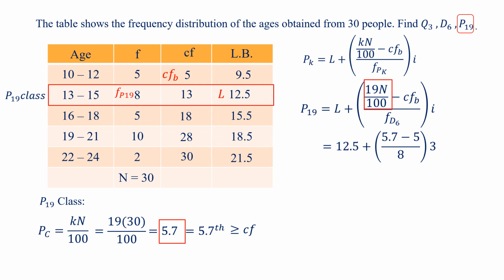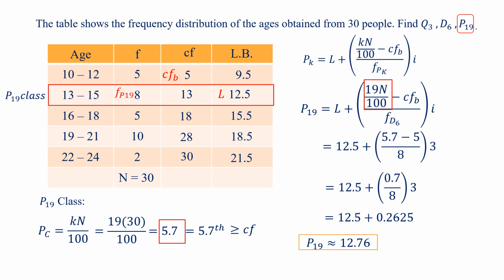Substituting all the values, we get 12.5 plus 5.7 minus 5 divided by 8 times 3. Simplifying further, we get 12.5 plus 0.7 over 8 times 3. And then we get 12.5 plus 0.2625, which is P19, approximately equal to 12.76.